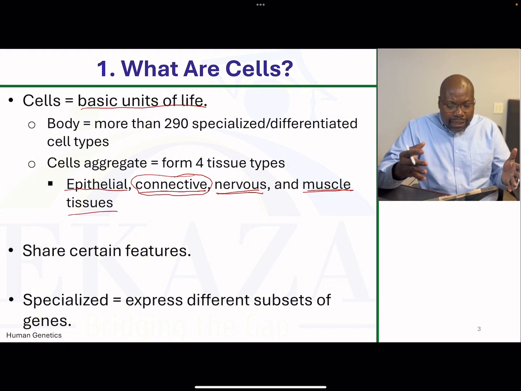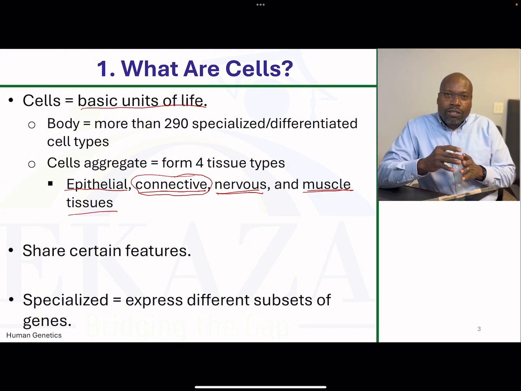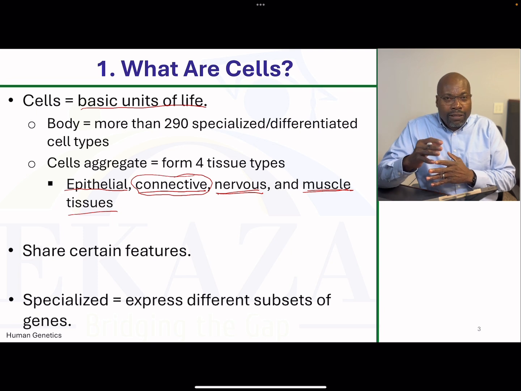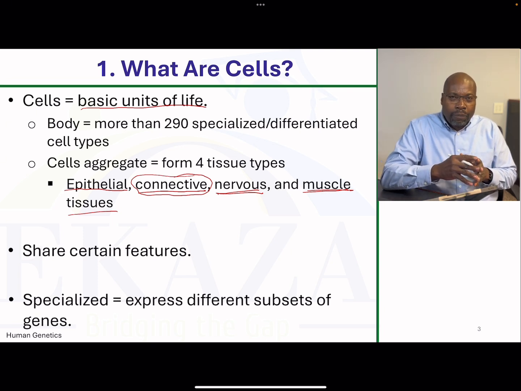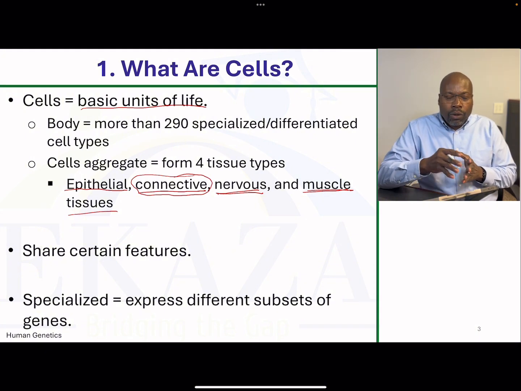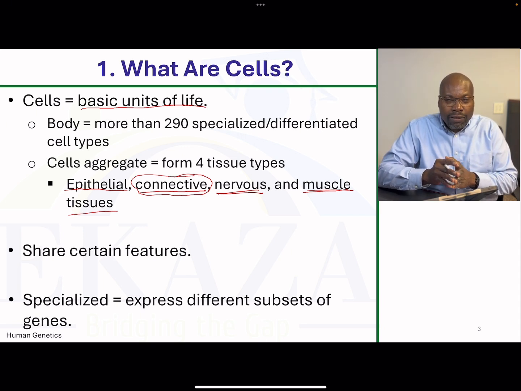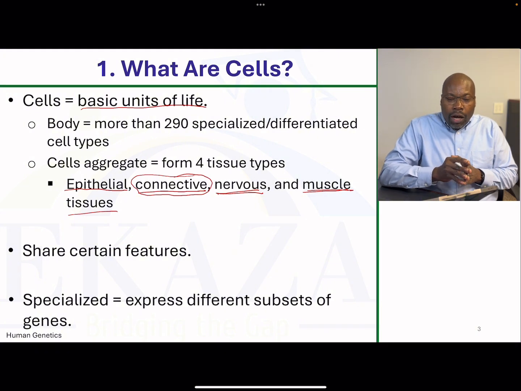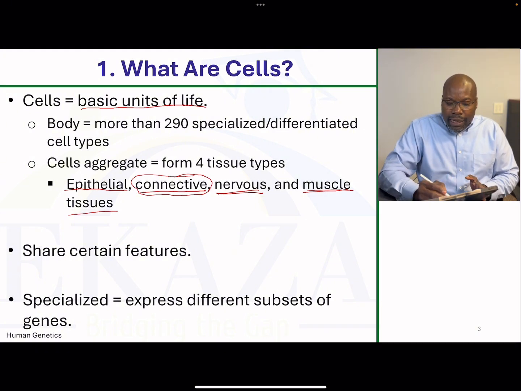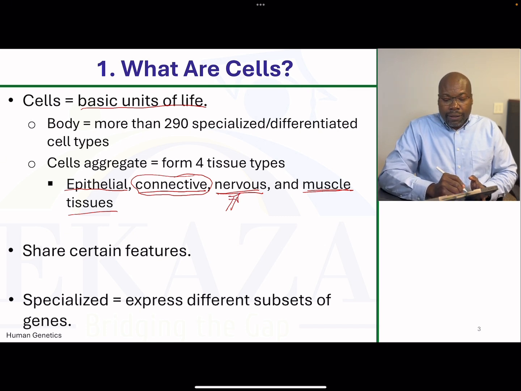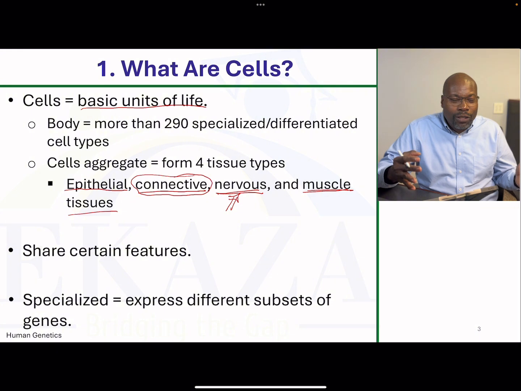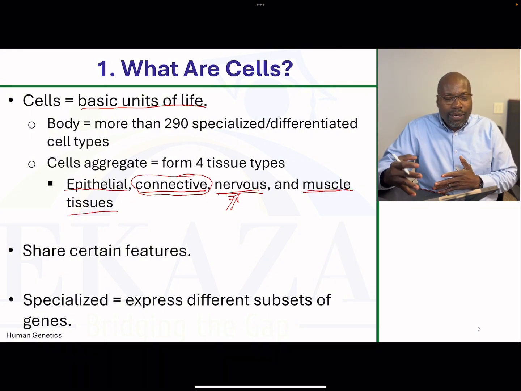The answer to that is that every single specialized or differentiated cell is expressing a set of genes that another cell is not expressing. For instance, the set of genes that cause muscle cells to be muscle cells are not expressed in the nervous tissue, so that this nervous tissue obviously is not going to be like the muscle cells.